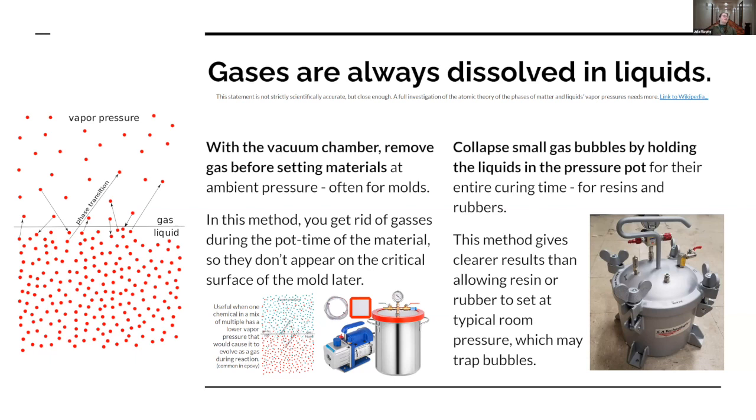It is worth noting that not every material will degas successfully. Some things just create bubbles forever because there's a chemical component to putting it under a vacuum. It'll say in the material sheet, so you're going to want to read those bulletins, something like vacuum degassing not recommended. But a lot of times you can do that to get a very clear cast as well. But that's for when it just won't fit into the pressure pot.